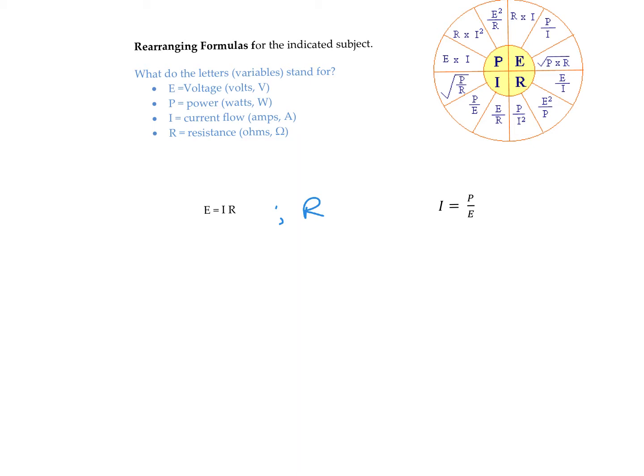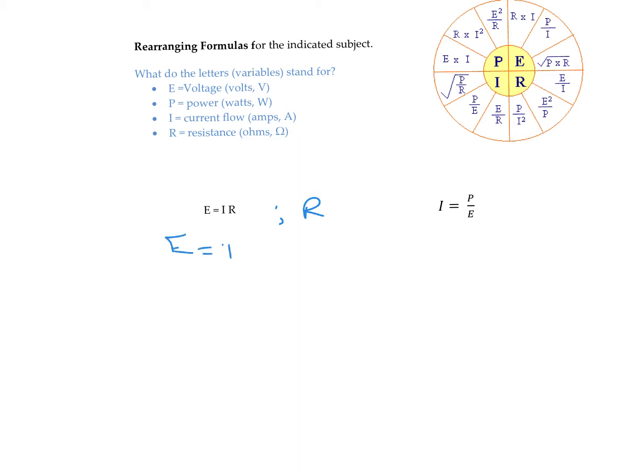If I put a little semicolon after that and an R, what that indicates is I want you to solve that formula for R. Because the I is multiplied by the R, we have to get rid of the I, isolate the variable of R by doing the opposite. E equals I times R is the original formula. I'm going to write that a little bit bigger.